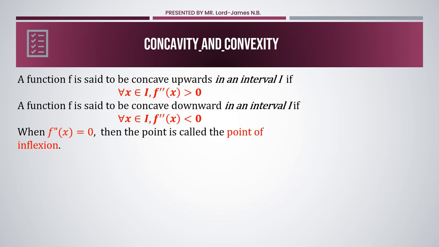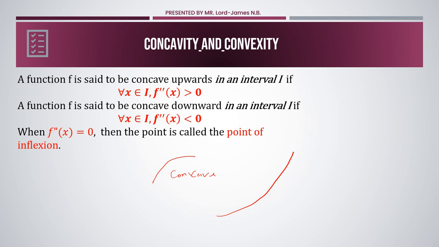When we talk of concave, we can have concave upwards or concave downwards. This is the meaning of something being concave. You are of this nature. When we talk of something being convex or concave downwards, it's something of this nature. So that second curve is convex.